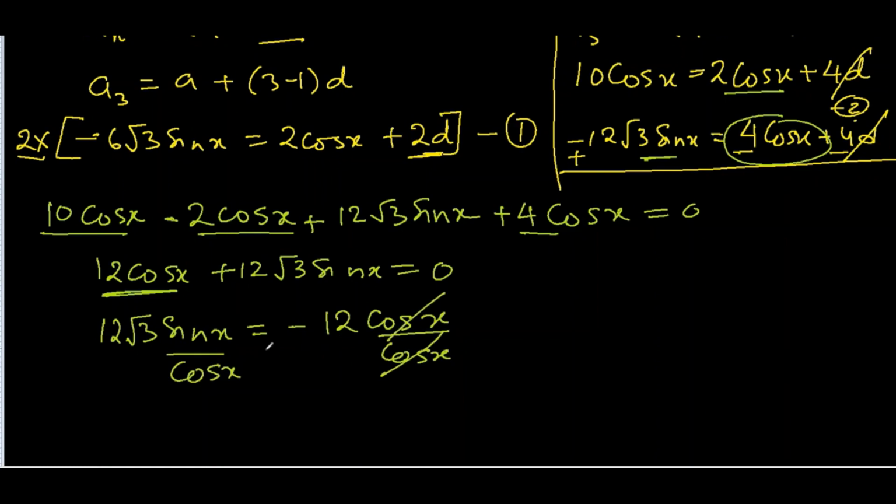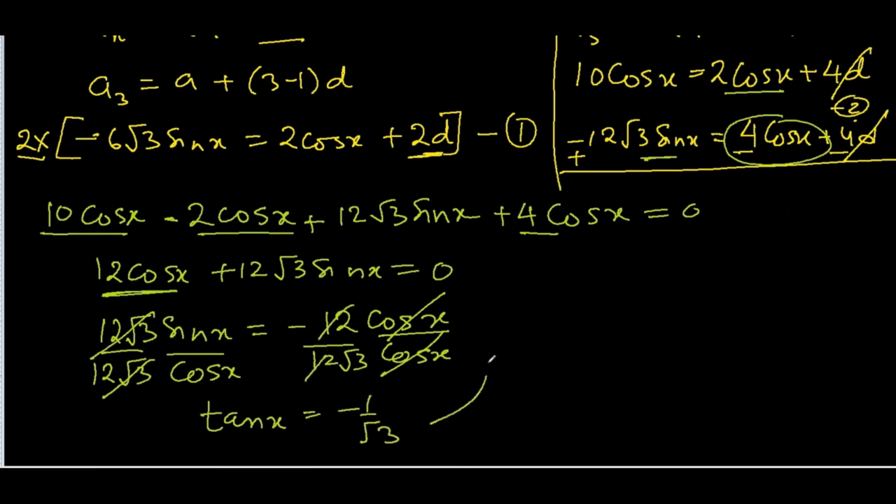Also divide both sides by 12 square root 3, so sin x over cos x becomes tan x. 12 and 12 cancel, giving negative 1 over square root 3. Now we can complete this: x equals tan inverse of negative 1 over square root 3.